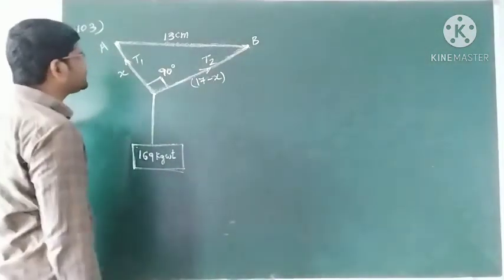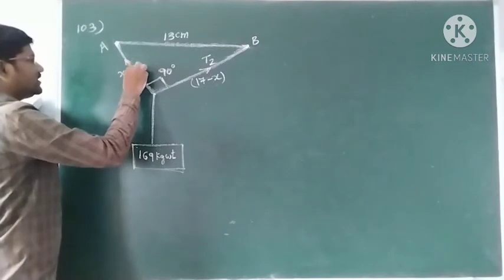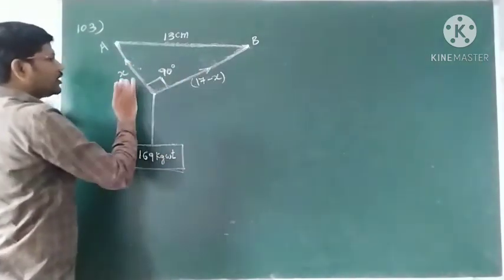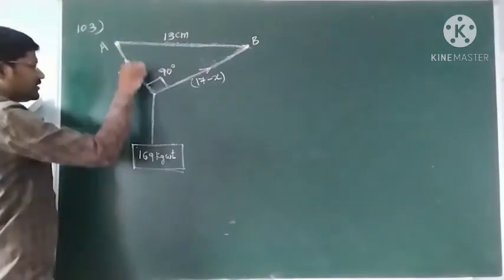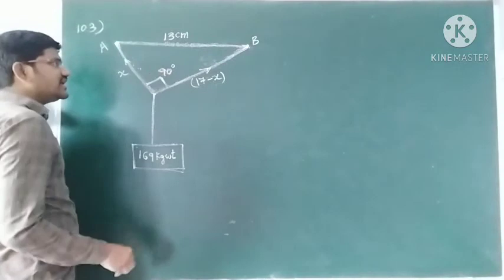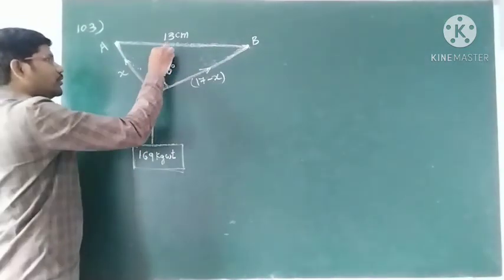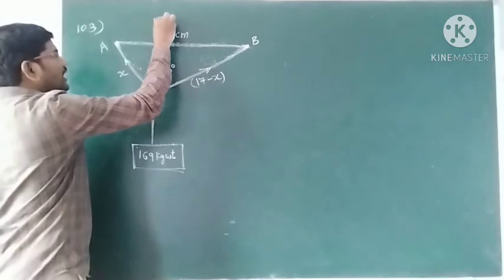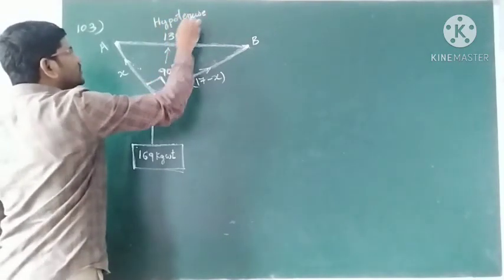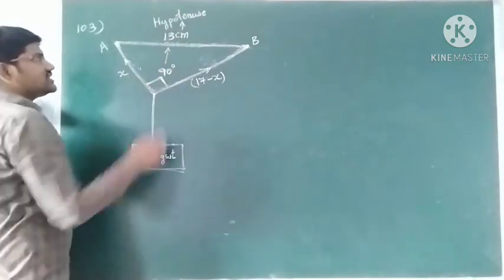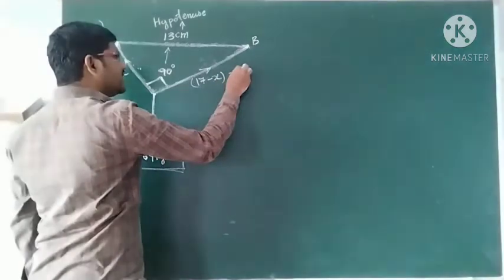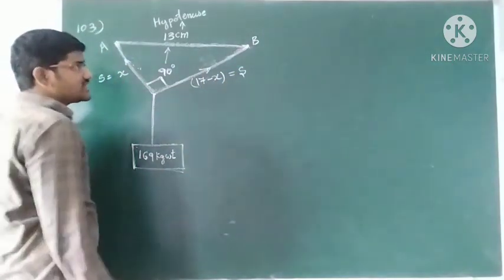Okay, students. So the tension here, take it as T1. Before going to that, I want to find the length of x and the length of 17 minus x. And it is given that this angle is 90 degrees. The side opposite to 90 degrees is called the hypotenuse. So the hypotenuse length is 13 centimeters, one side length is x and the other side length is 17 minus x.